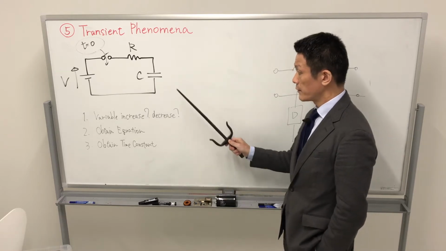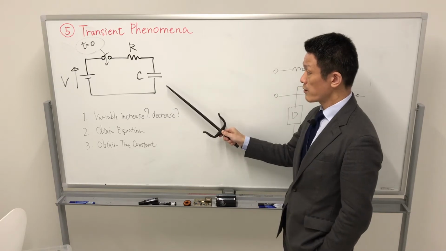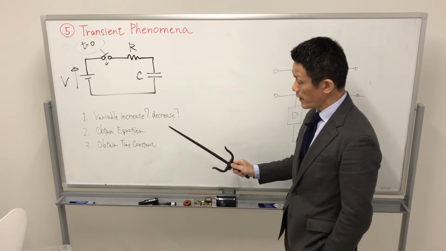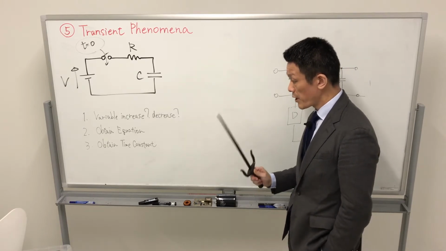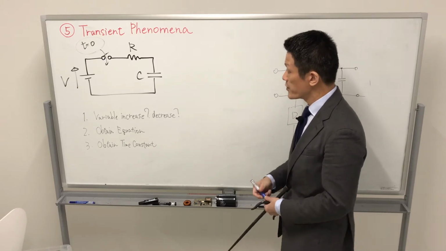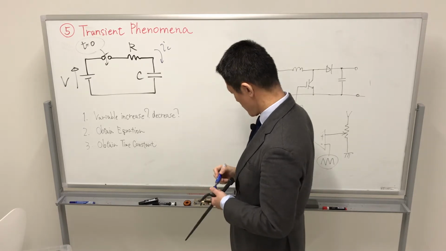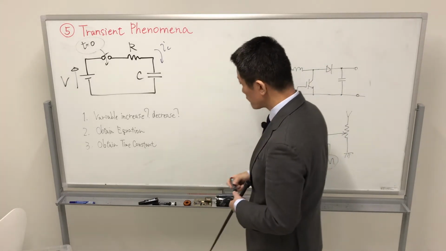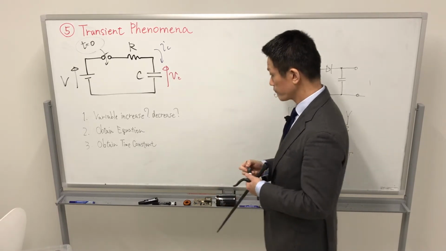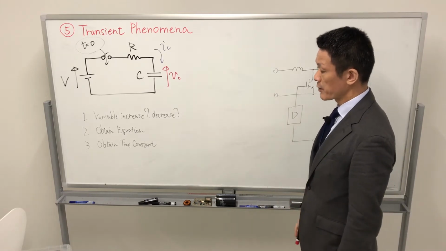One is the variable, for example, the voltage or current, whether the variable increases or decreases. The next step, obtain the equation VC or IC. And finally, we will obtain the time constant.